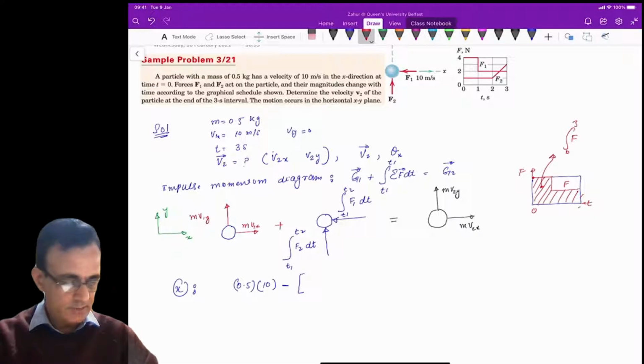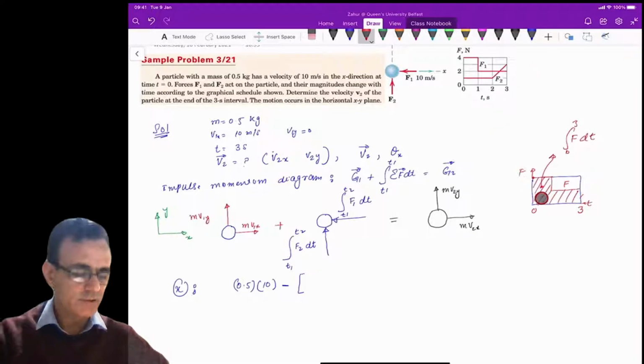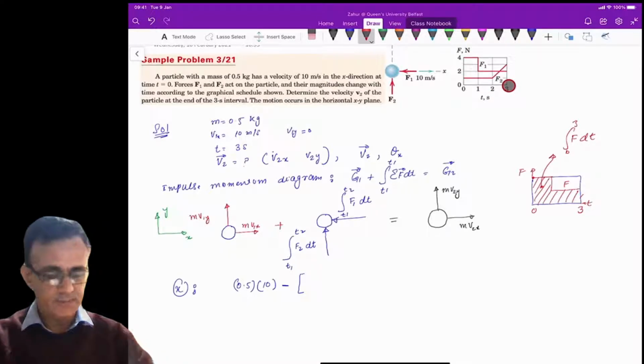The time here is from 0 to 3, and then F dt. In this case, you don't even need to do the integration. You will just calculate the area under the curve of F1. As you can see, it is just two rectangles: one from 0 to 1, and one from 1 to 3. You just calculate these two areas, which is straightforward in this specific case.